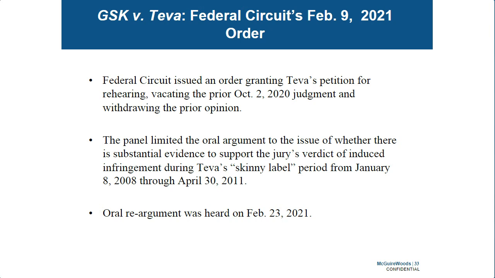And the panel limited the oral argument to the issue of whether there is substantial evidence to support the jury's verdict of induced infringement during Teva's skinny label period, not the full label period. So the Federal Circuit granted the petition and listened to re-argument that was heard on February 23rd, 2021. But the issue had only to do with whether there was induced infringement during the skinny label period.